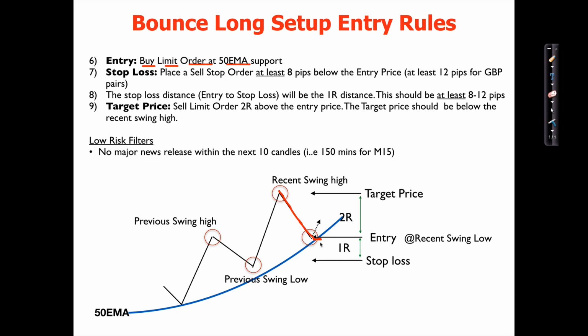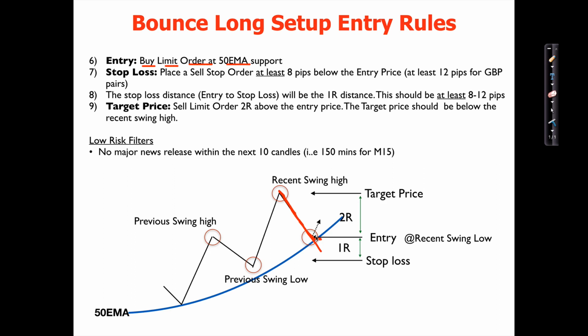So that is one way to do it, using a buy limit order. The second way to do it is wait for the price to come down and hit the moving average and let it pierce through it, right? Let it go through it by just a bit is fine. And the moment it goes below that, you then place a buy stop order.